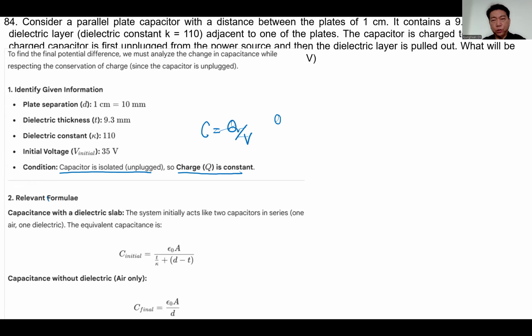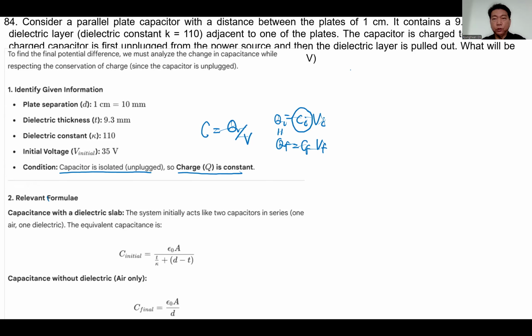So that Qi is Ci times Vi, and then Qf is Cf times Vf. So note that Qi should be equal to Qf. But what varied is that the capacitance is changed.